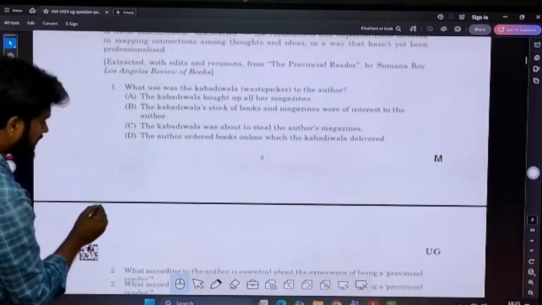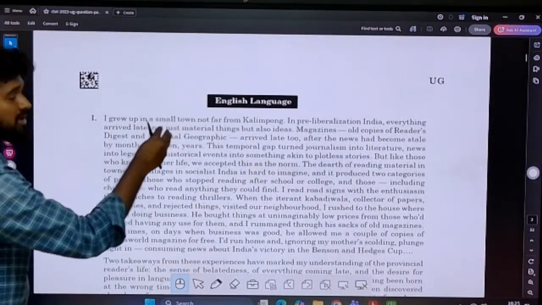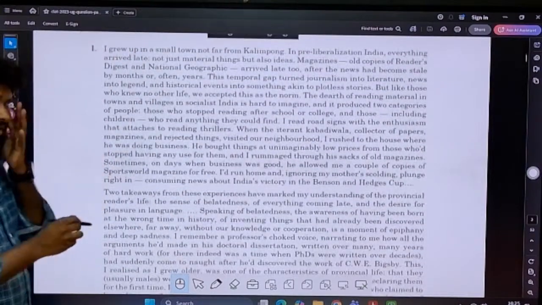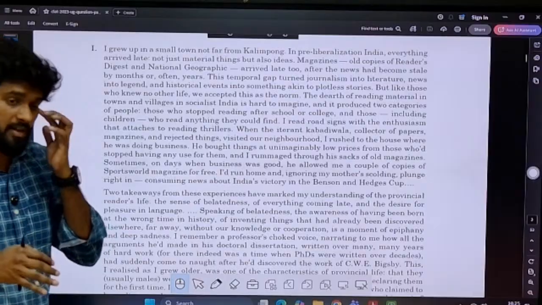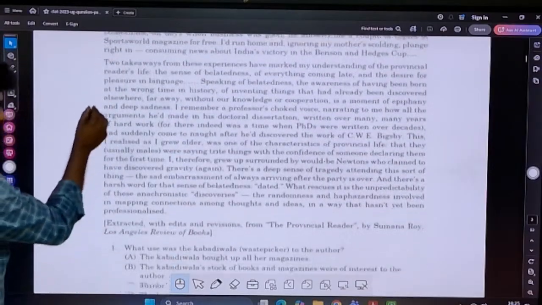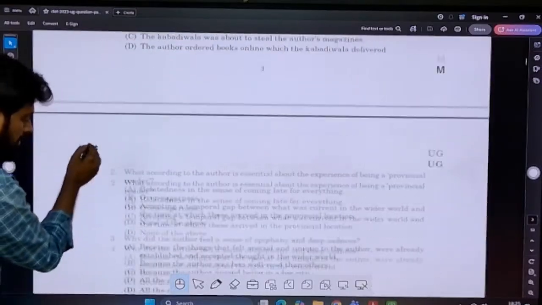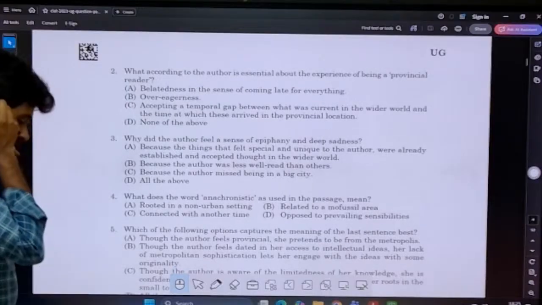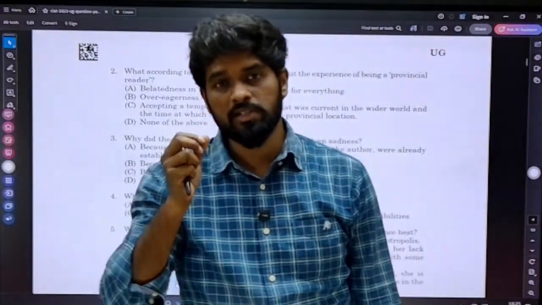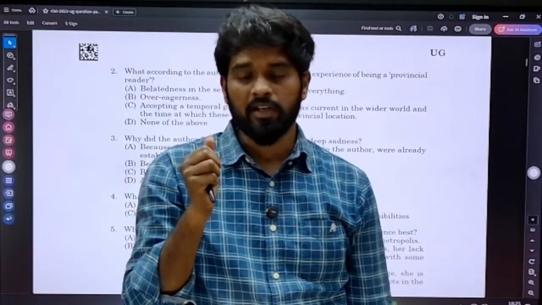We have already seen the first section is the English language. In English language, it is completely with respect to comprehensions. They give you a comprehension and the questions related to it. The first thing we at Raos Academy do is make sure our students are very good in English with the English paper, that is The Hindu.